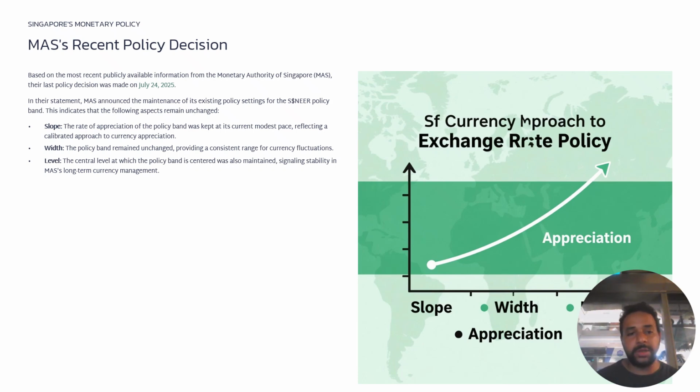The slope, the rate of appreciation, was kept at its current modest pace, reflecting a calibrated approach to currency appreciation. The width remained unchanged, providing a consistent range for currency fluctuation. And lastly, the level at which the policy band is centered was also maintained, signaling stability in long-term currency management.